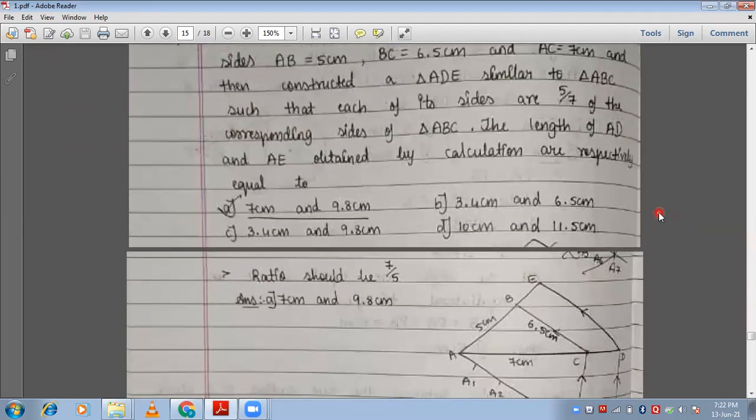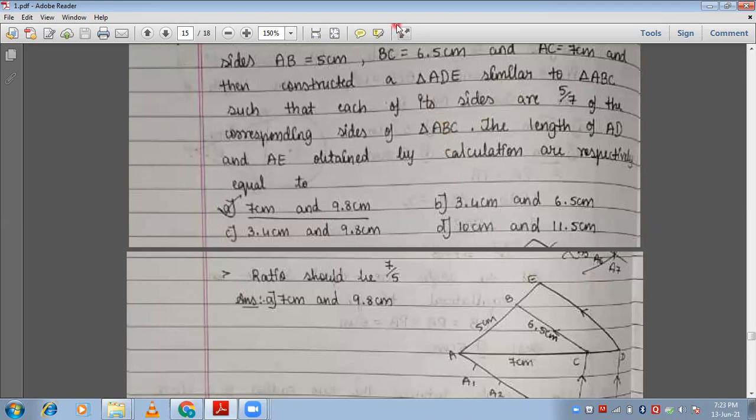Here the given AB is how much? 5 centimeters. Length BC is 6.5 centimeters and AC is 7 centimeters. Okay. Then construct triangle ADE similar to triangle ABC. And they have given that each of its sides is 5 by 7 of the corresponding sides of triangle ABC.